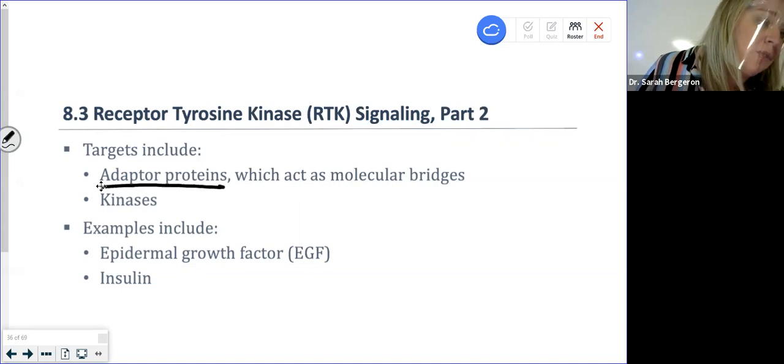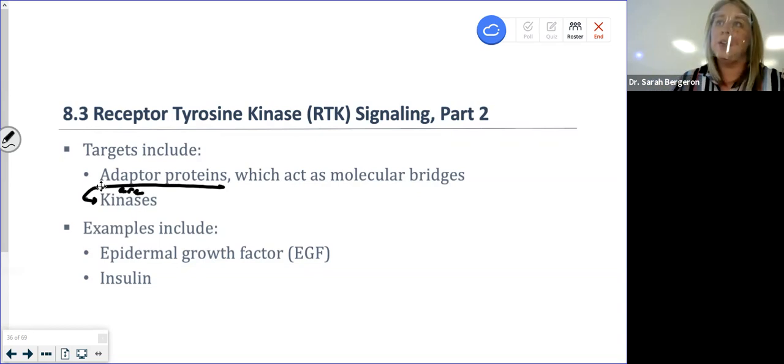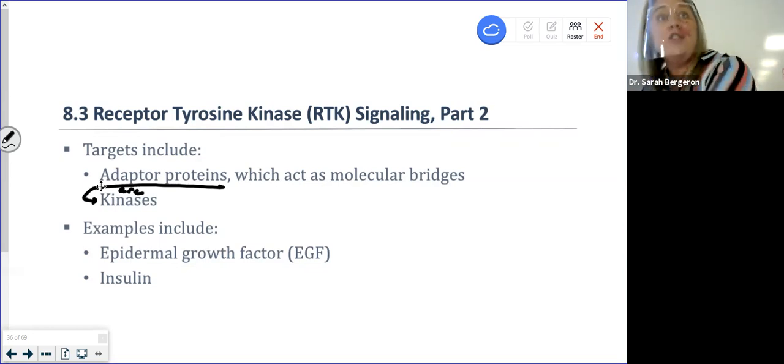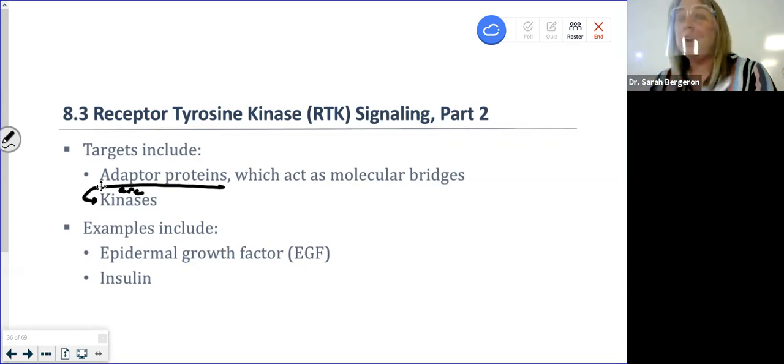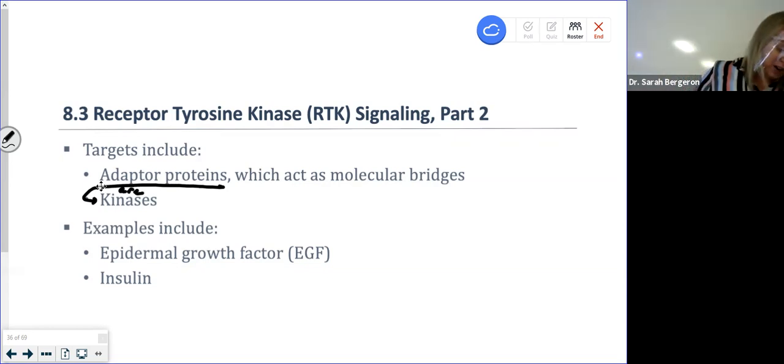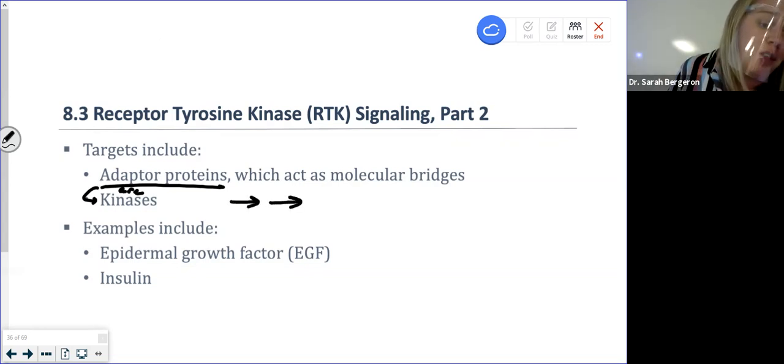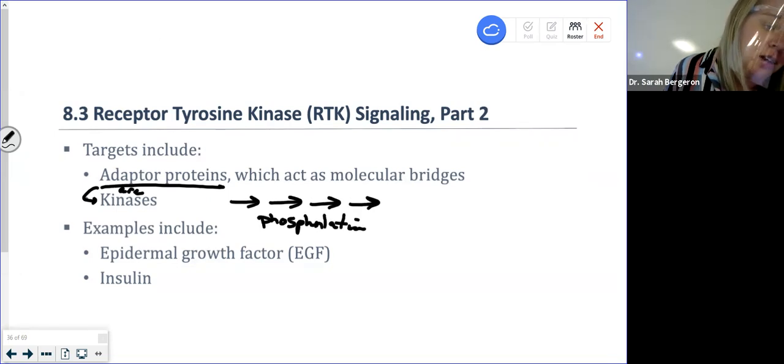So they will bind to the phosphorylated receptor and they will go on and phosphorylate other targets. So what we're going to see today is a phosphorylation cascade over and over and over again. So eventually, all this is going to happen due to a phosphorylation cascade.